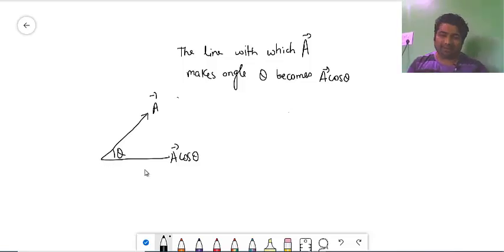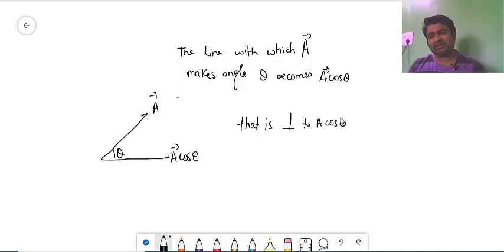Now the line that is perpendicular to A cos theta, that means simply this one will become A sin theta.